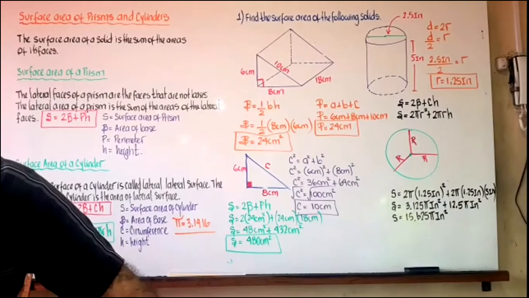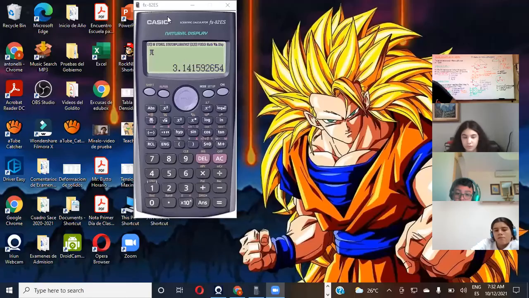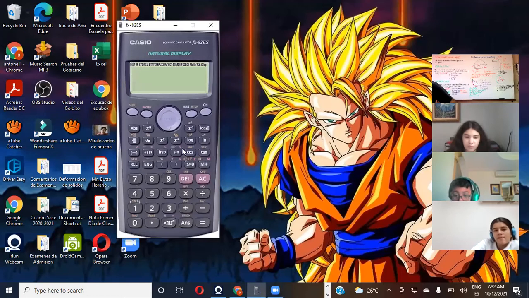I don't know if you can see the calculator. Can you see this calculator? Yes. All right then. So we can multiply just like this: 15.625. Push the shift button, times 10 to the power, you're going to see that number, then the equal button.